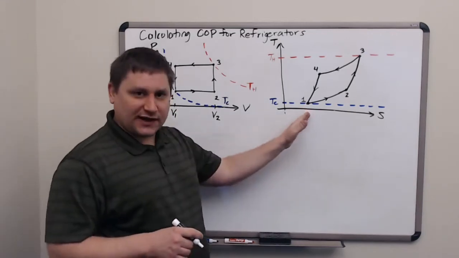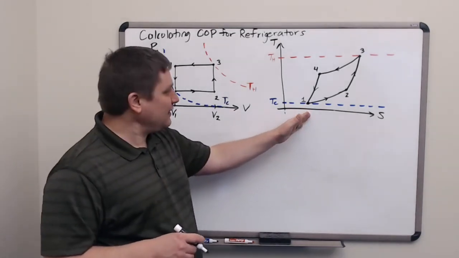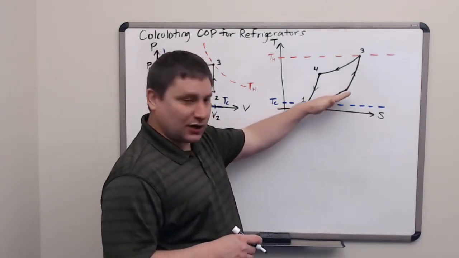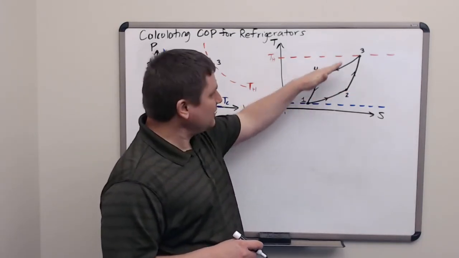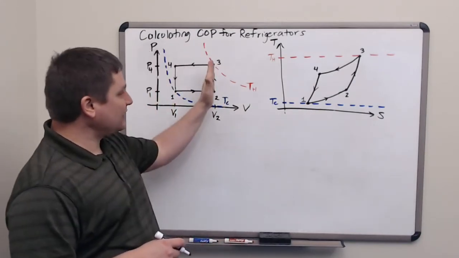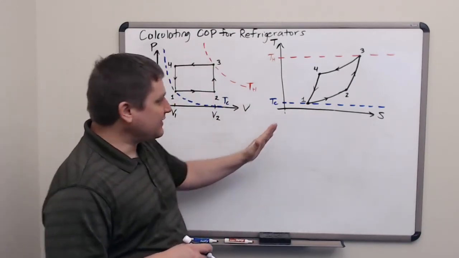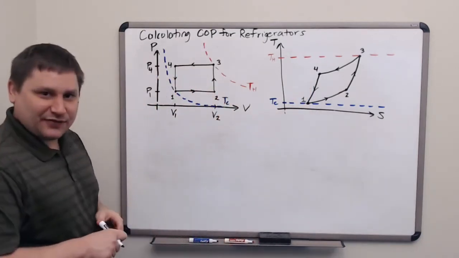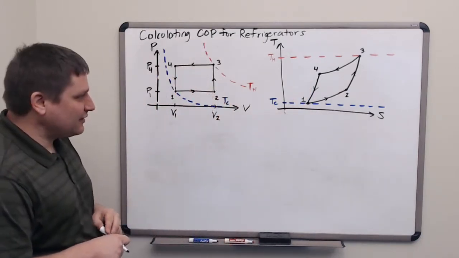This is what it looks like on the TS diagram. Our isobaric stages are exponential with a lower slope, and our isochoric stages are also exponential but with a steeper slope. So what's the problem with this cycle for being a refrigerator?